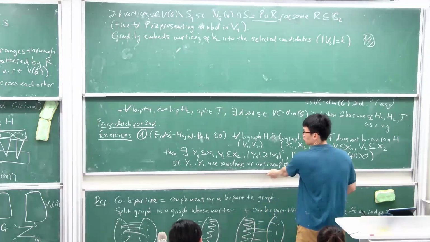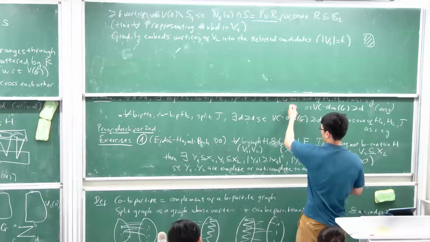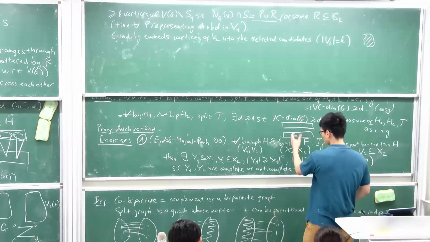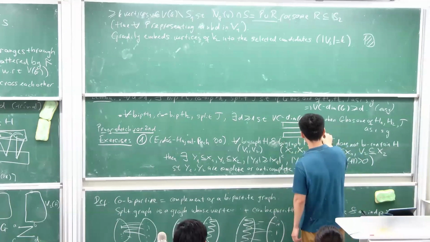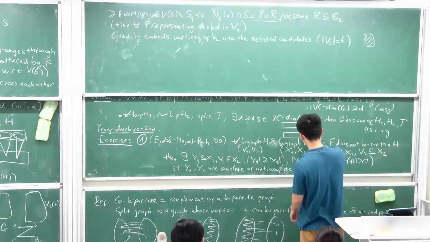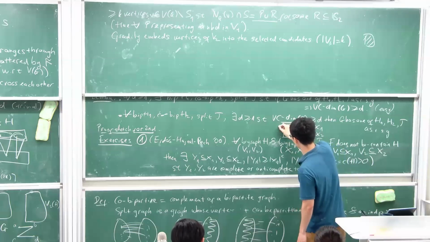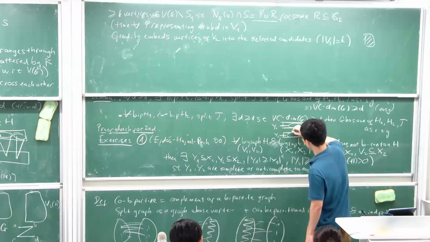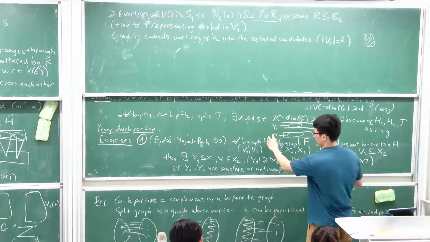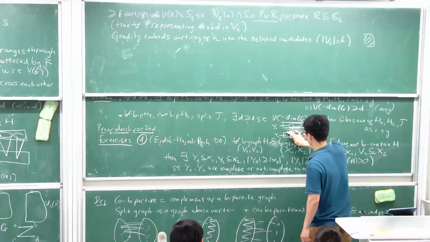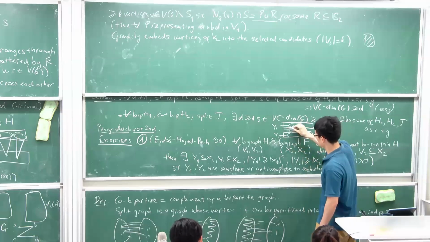So what this means in this first result is: this is X1, this is X2, and you can shrink X1 by a polynomial factor, and you can shrink X2 also by a polynomial factor. So this is Y1, this is Y2, and here either all edges between Y1 and Y2 appear, or none of them is present.